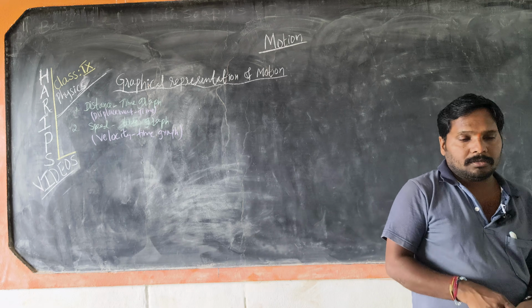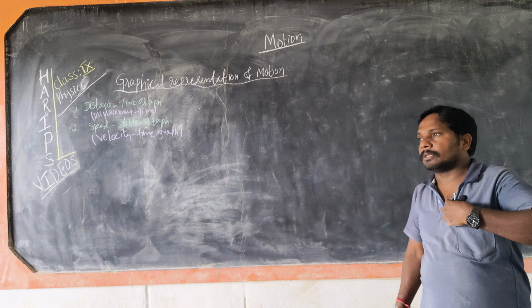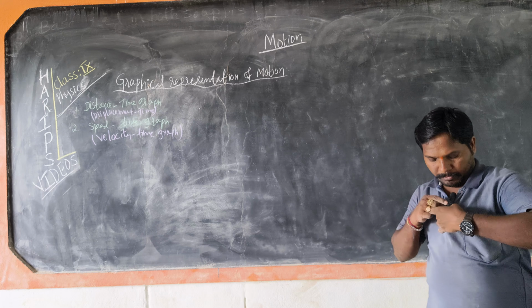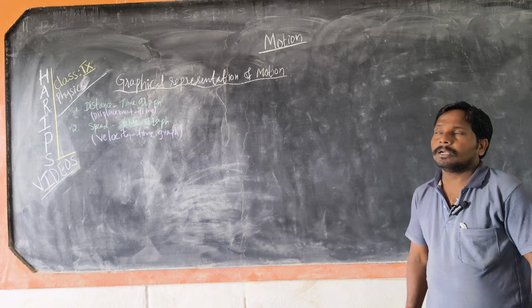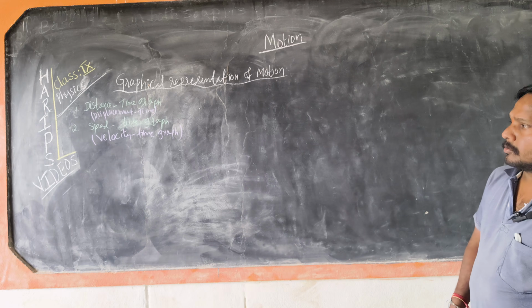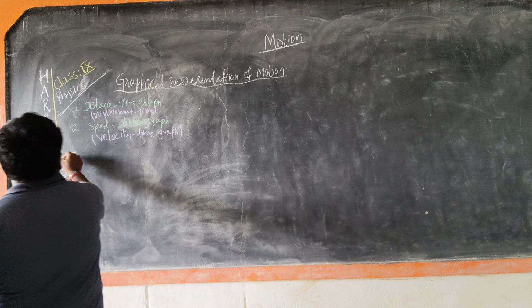While drawing the graphs, let us consider that both distance and displacement are equal. So let us discuss the first one, the distance time graph.